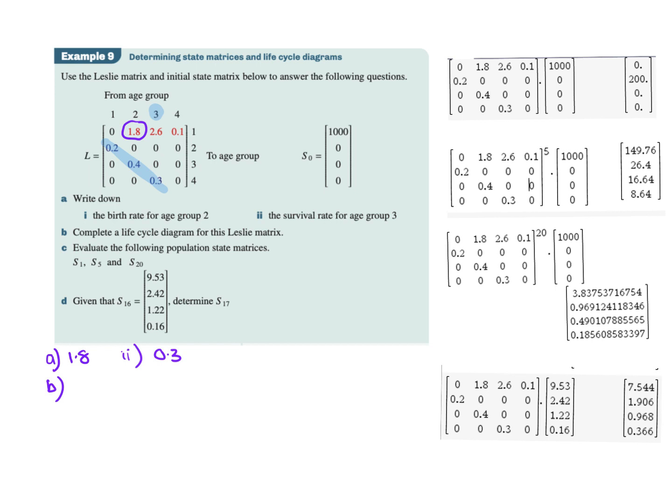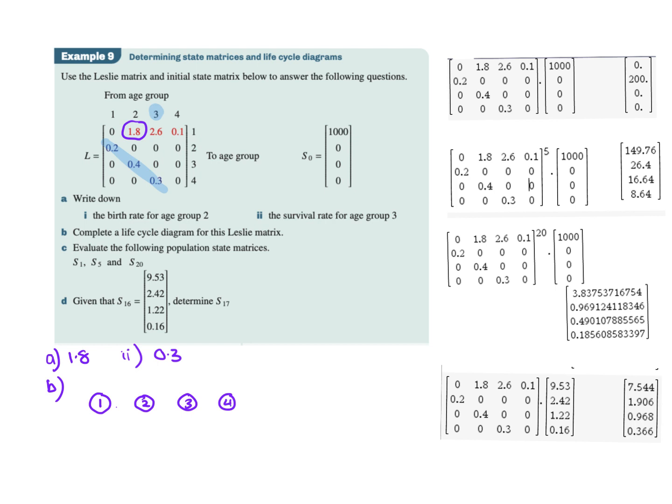For B, it says complete a life cycle diagram. They don't call it a transition diagram, they call it a life cycle diagram for this Leslie matrix. So remember with your circles, you're going to have your age groups first. So draw them out. We've got 4 age groups. I'm going to do them in the colours that we've been doing.